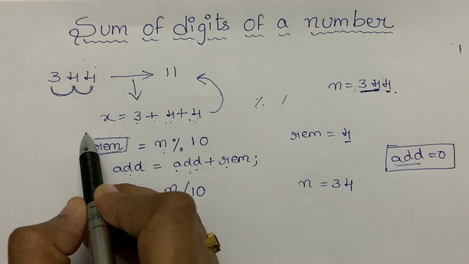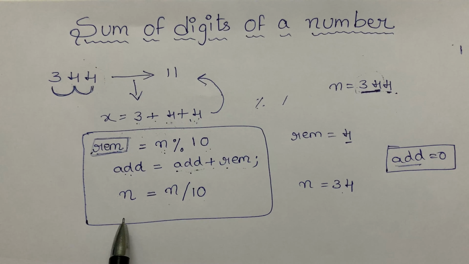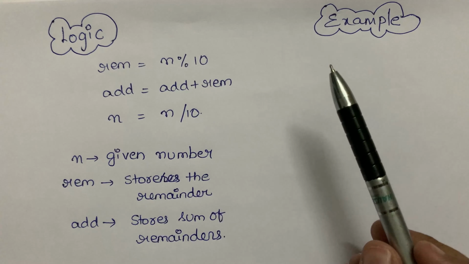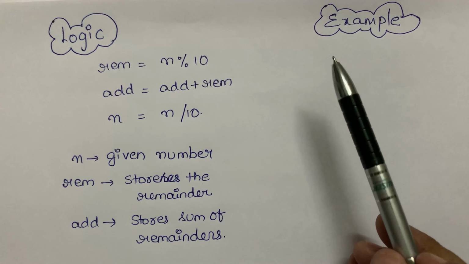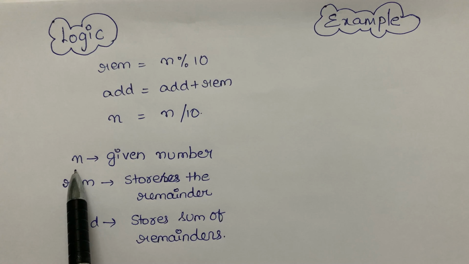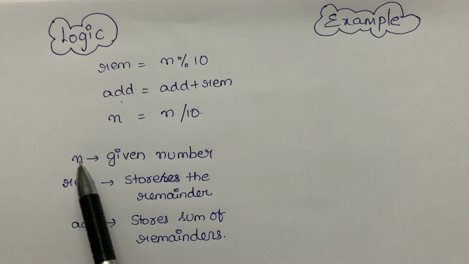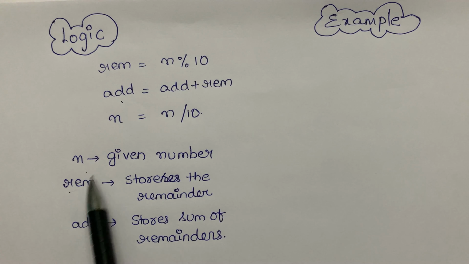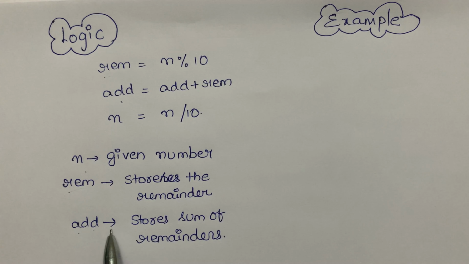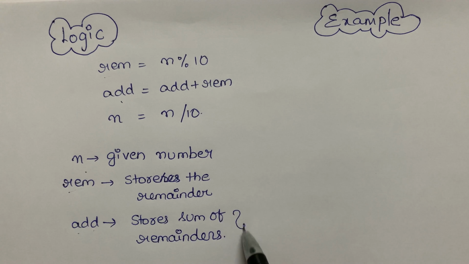In order to understand this coding, let us take a small example. Let's understand the logic using an example. Here I am using 3 variables: n, rem and add. N is the given number, rem stores the remainder of the given number, and add stores the sum of the remainders, which is our required output.